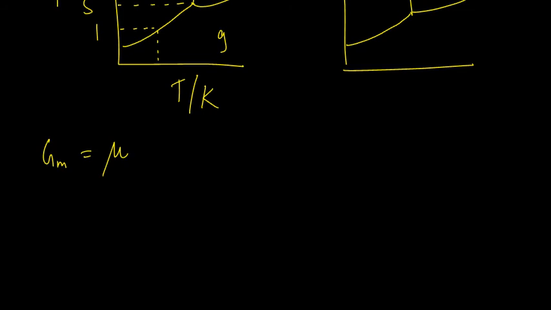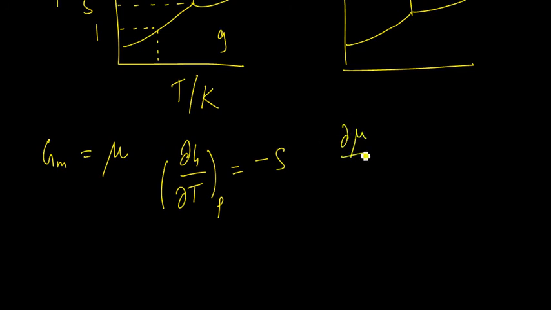Now, we've already seen one of those things where I had plotted G as a function of temperature. del G by del T at constant pressure was equal to minus S, right? Or I could even switch over to chemical potential: del mu by del T at constant pressure is equal to minus S molar.